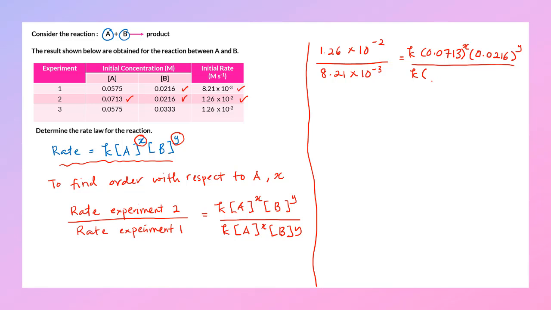The concentration of A for experiment 1 is 0.0575 to the power of X times 0.0216 to the power of Y. Now you can see we can cancel out the concentration of B and its Y value, and the rate constant K.